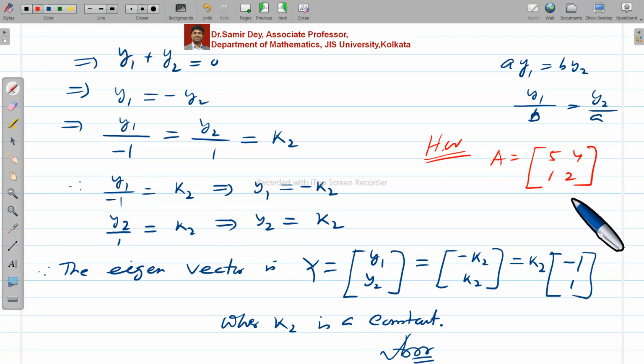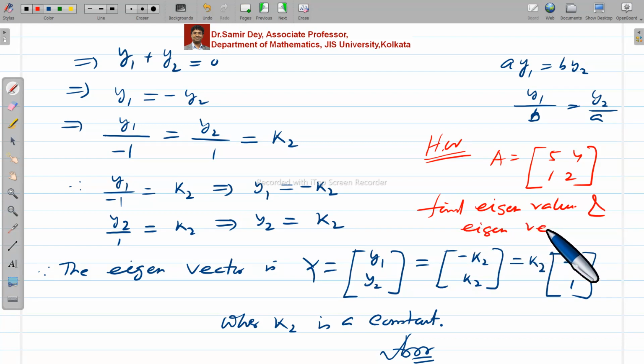Try to find the eigenvalues and eigenvectors of it. Don't forget it. You have to solve it to check whether your knowledge is clear or not.